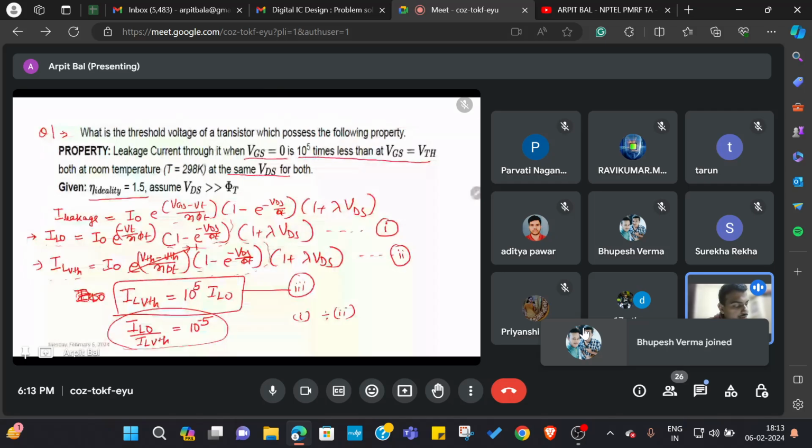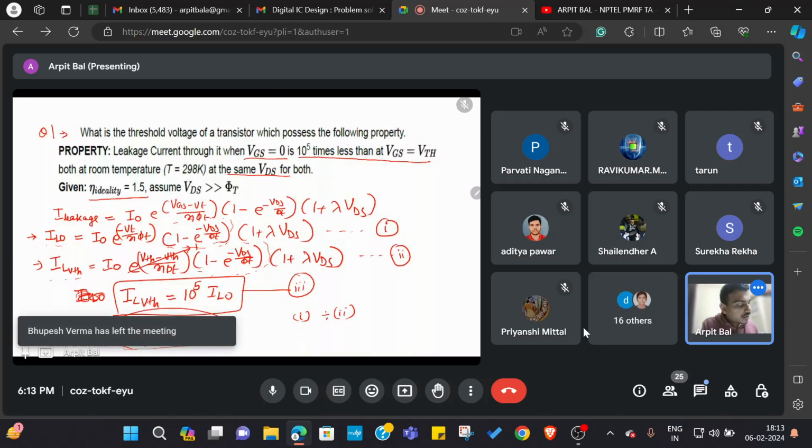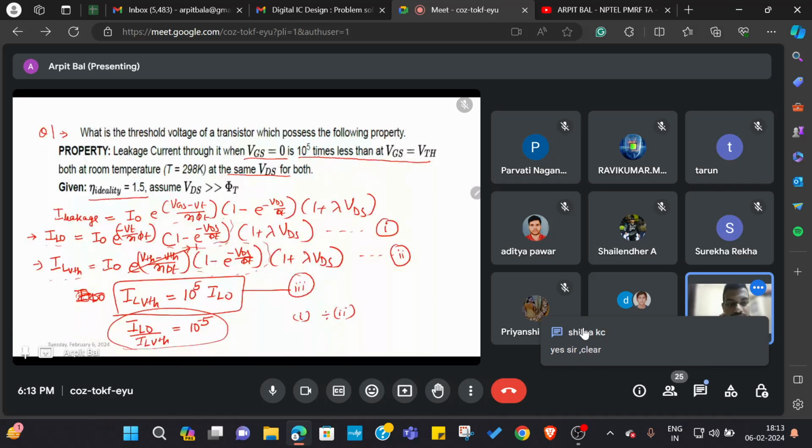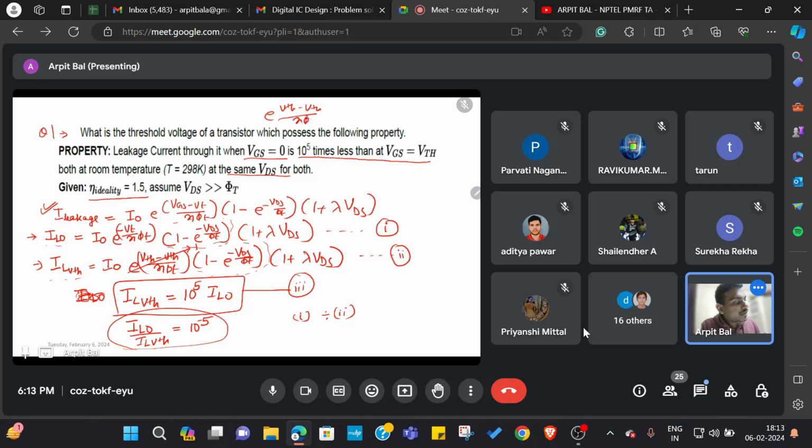I naught will get cancelled, right? And equation 2 is basically I'm substituting VGS equal to VTH. So if I substitute VGS equals VTH in this equation, what is going to happen is I will get a term e to the power VTH minus VTH by eta phi t.